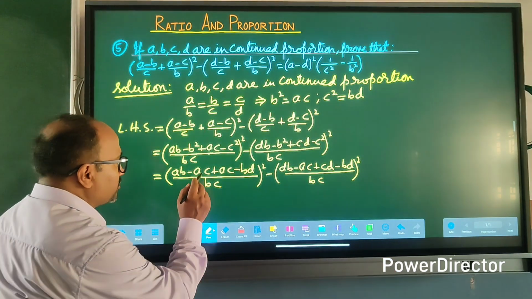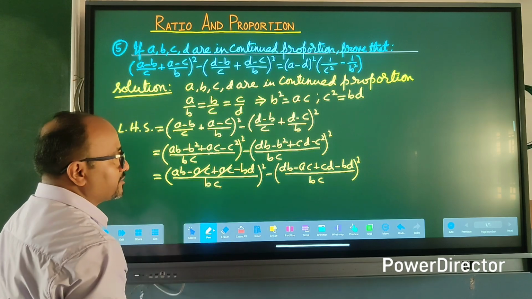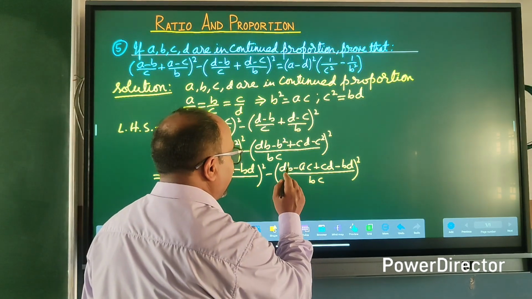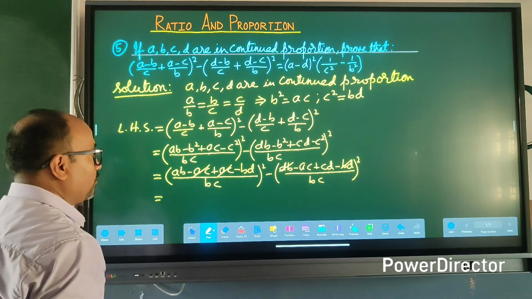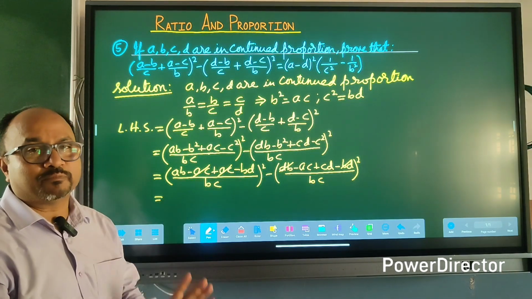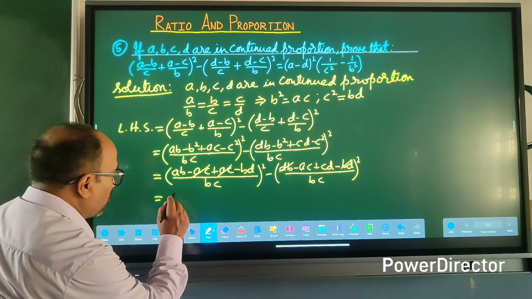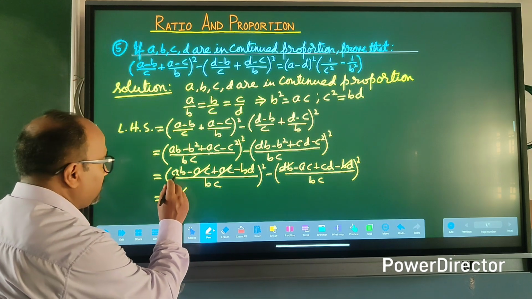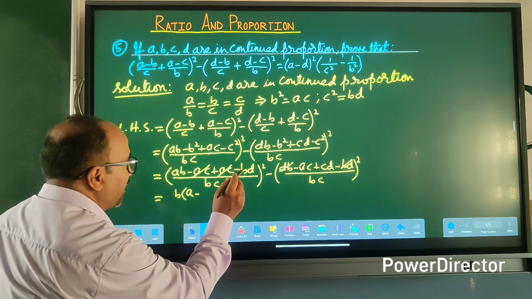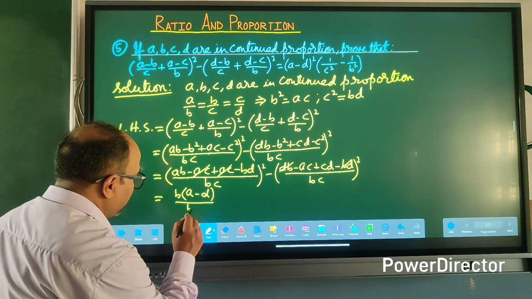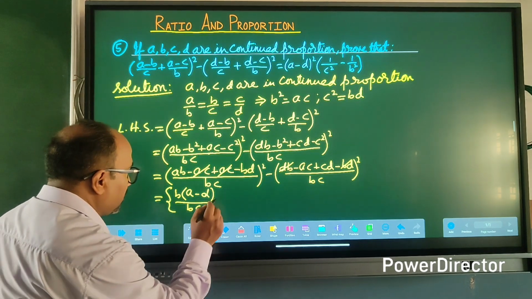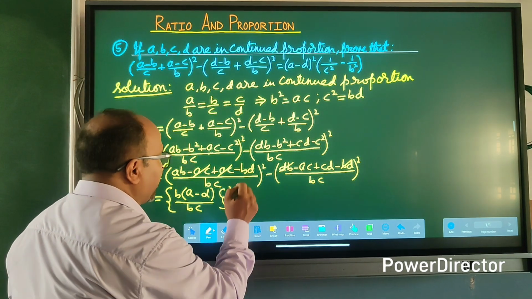Now you get to see here AC is getting cancelled and here we are getting BD getting cancelled. Now AB minus BD is giving you a B common. So B written, from here A is left, minus from here D is left, by BC, and then this whole square is written.